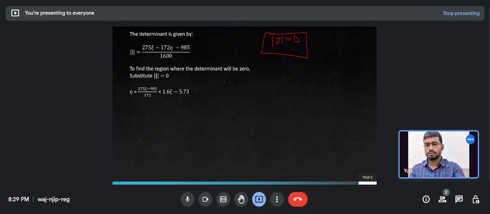From that we will get this linear equation in terms of zeta and eta. Right? So eta is 1.6 times zeta minus 5.73, and if you plot this, this will look like a square, but I have drawn it here by mistake. No, a 90 degree rectangle.